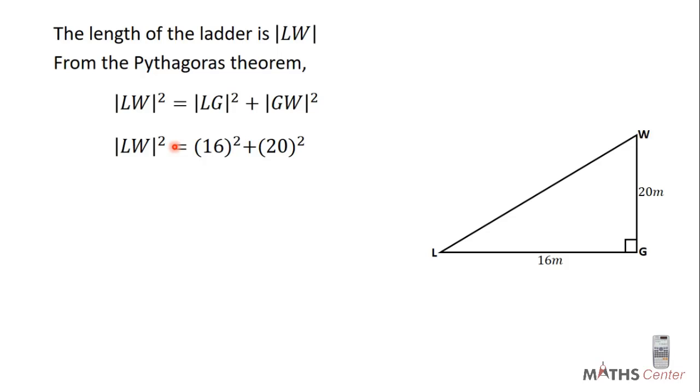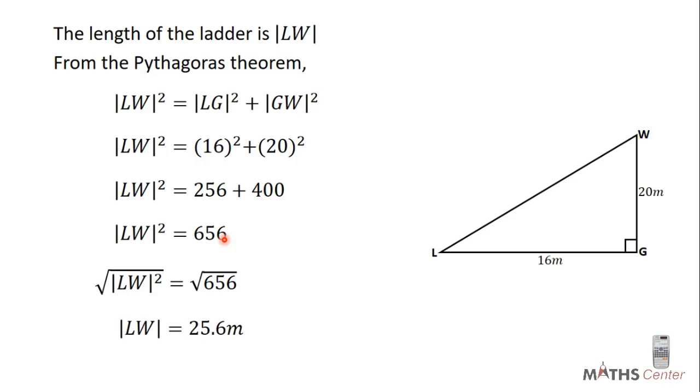So LW squared is equal to 16 squared plus 20 squared. You simplify this and you are going to get LW squared is equal to 656. You take square root of both sides and LW is equal to 25.6 meters. So if you find square root of 656 and you correct your answer to 3 significant figures, you have 25.6 meters.